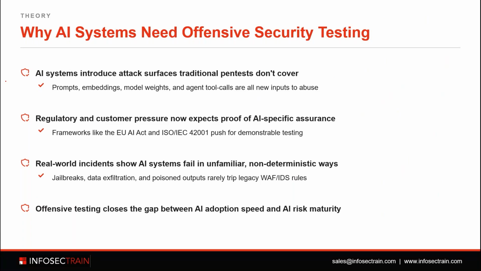So when we talk about AI, AI systems introduce attack surfaces that traditional pen tests don't cover. If you are implementing AI into your workflows, that means you are adding one more attack surface for attackers.